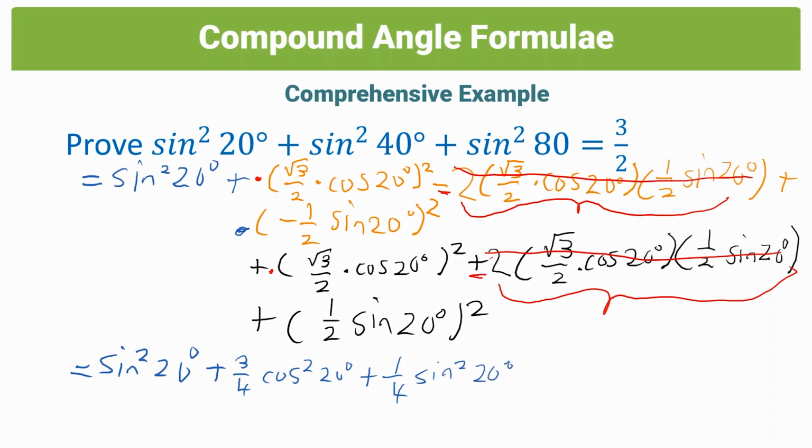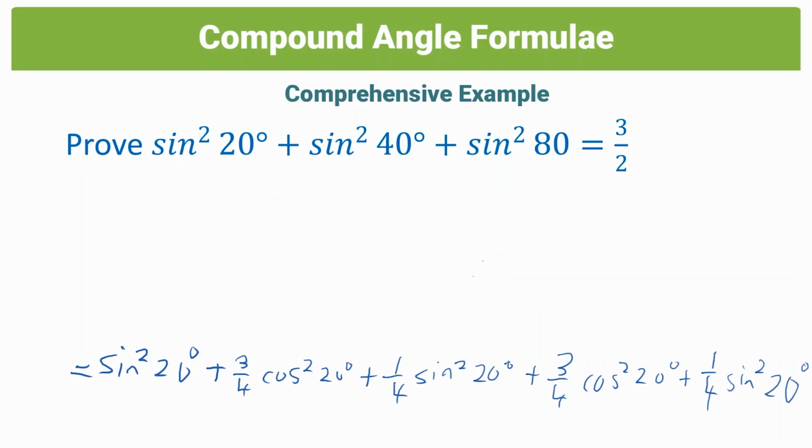And that's going to be then plus another 3 over 4 cos squared 20 degrees plus 1/4 sine squared 20 degrees. And now we can add our terms up here and simplify.